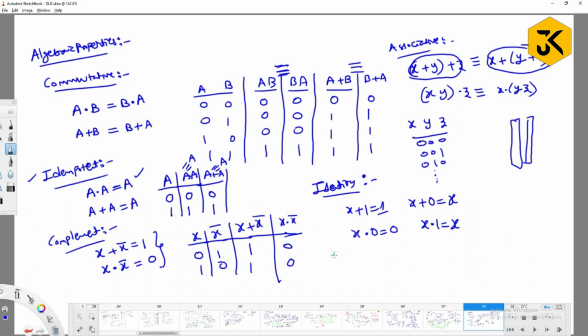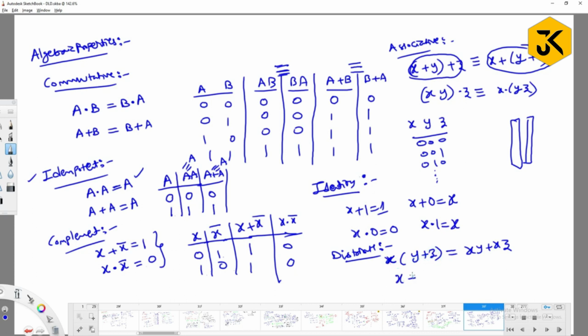Okay, you may observe one basic important property, that is the distributive property. Distributive property means x into y plus z equals xy plus xz, meaning that I am trying to distribute the variable x over the inner side, xy plus xz.